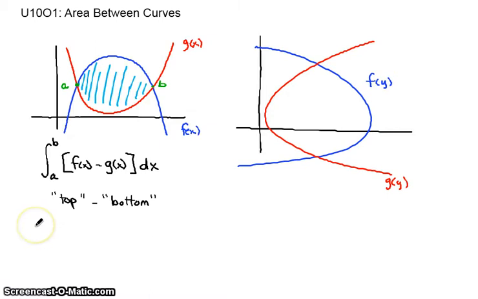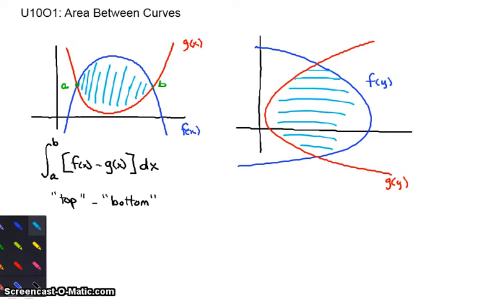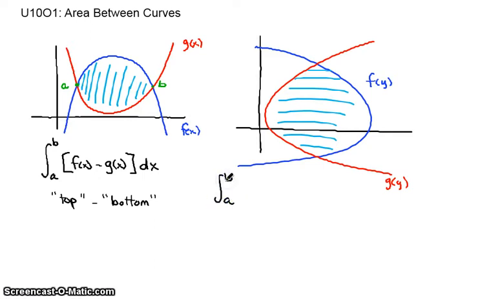And again, to find the area in between those two curves, instead of thinking top minus bottom, we're going to think right minus left. So we're still going to say the integral from a to b of f of y minus g of y. In this case, we'll say dy. But now we want to think the right function minus the left function.